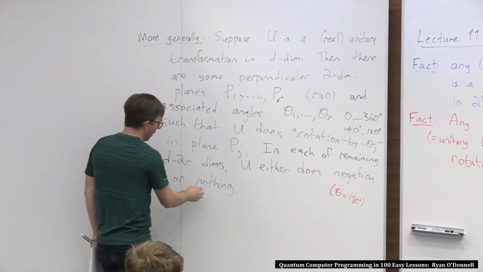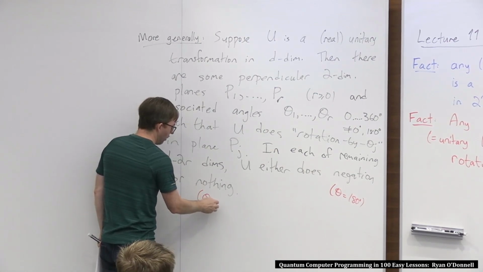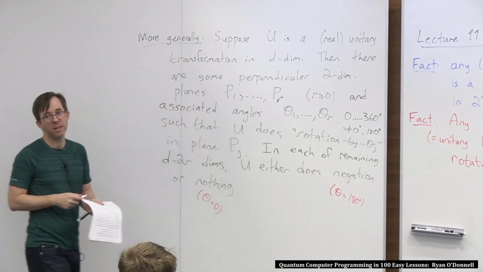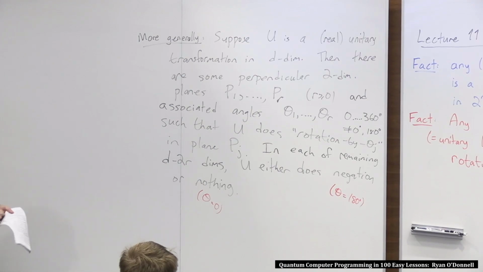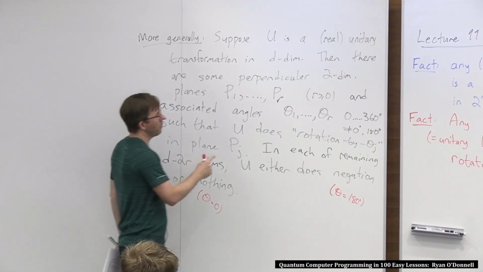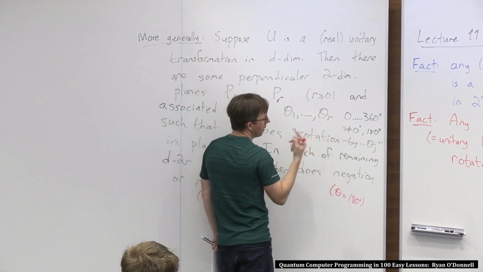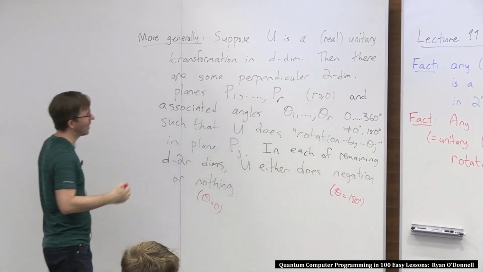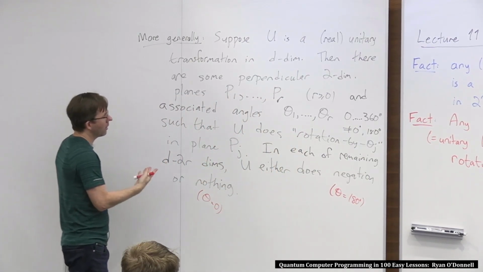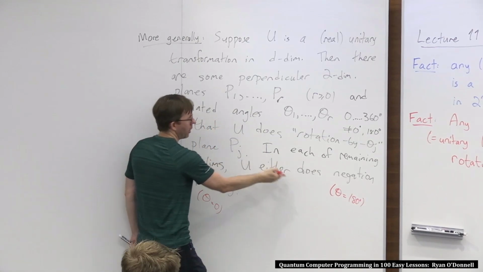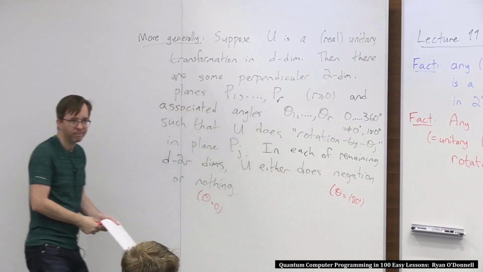And we're going to eventually associate doing nothing with theta equals 0, because rotating by 0 degrees is also like doing nothing. So in that sense, for every possible angle between 0 and not 359, but strictly less than 360, something is associated, either a normal rotation or negation or nothing.